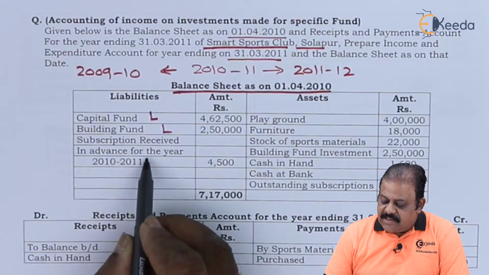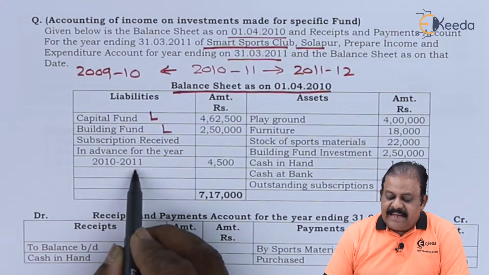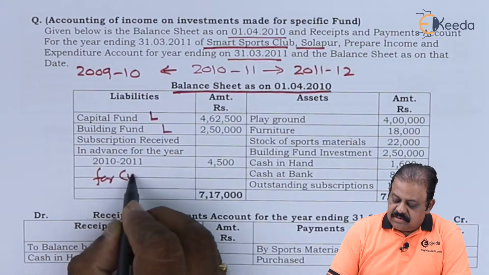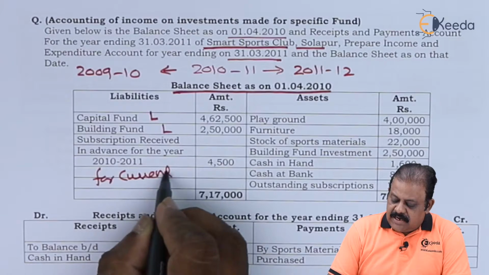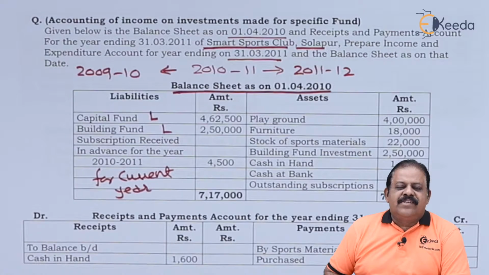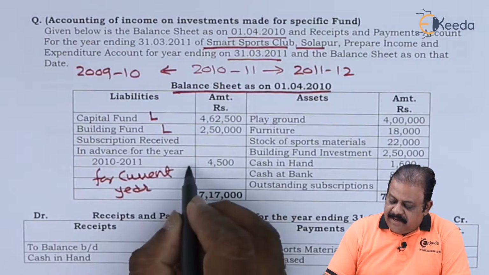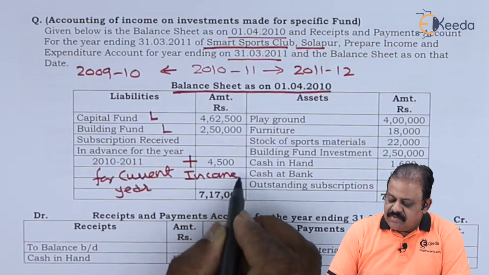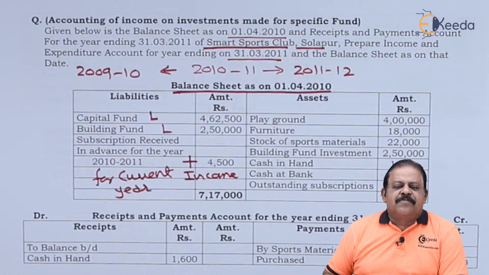Subscription received in advance for the year 2010-11, that is for the current year. For the current year we have received subscription in the previous year. So this amount will be added to the income side to adjust the subscription income of the current year.